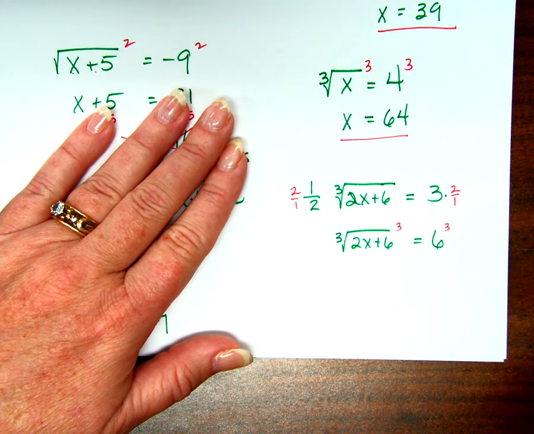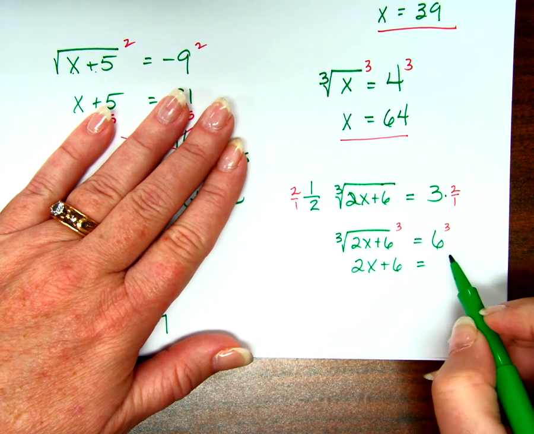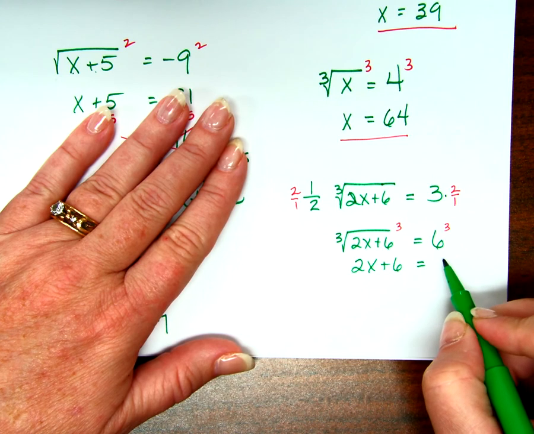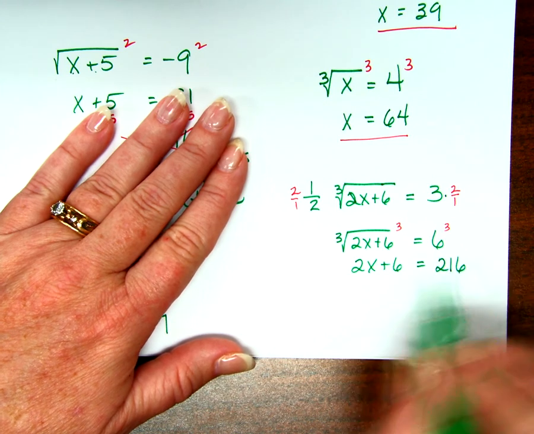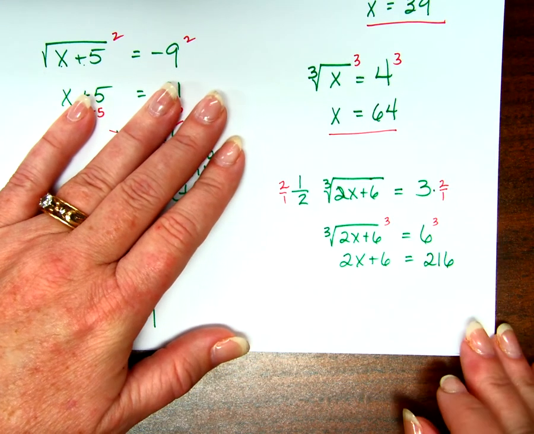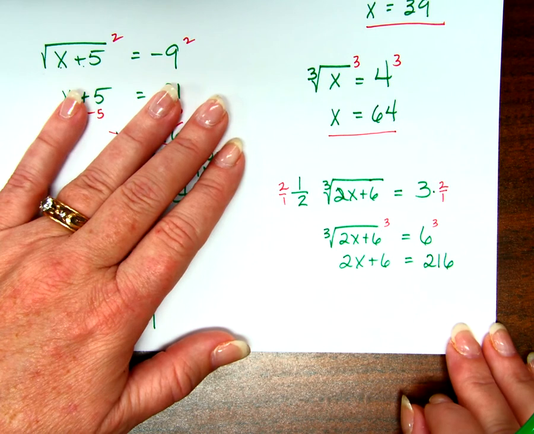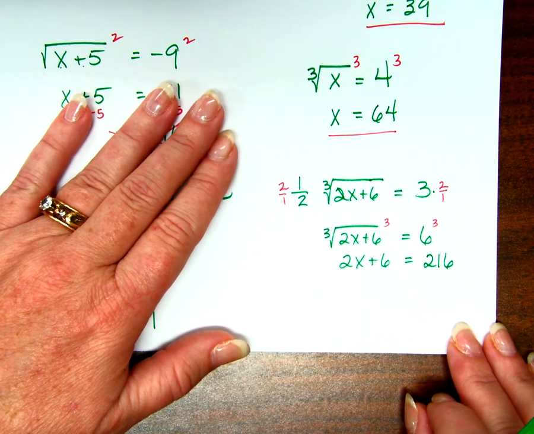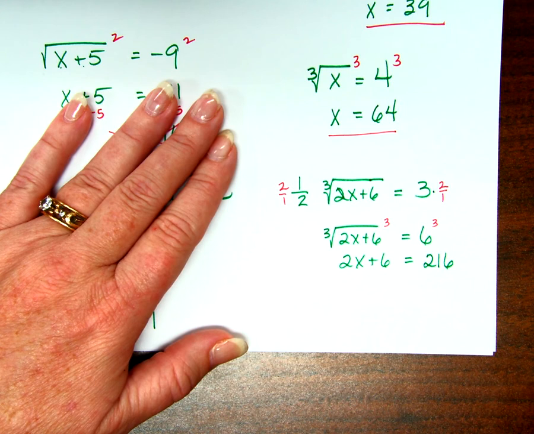Cube it. 2x plus 6 equals 216. I know we all knew it was 216. And if you didn't, you could have gotten out your own calculator and figured it out, yes? Okay. Now how do I solve for x?